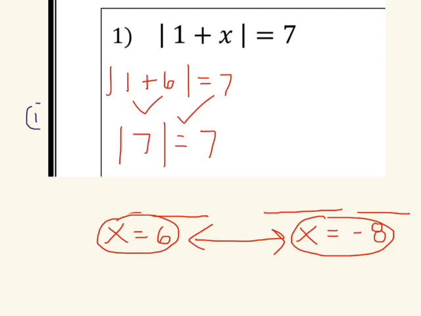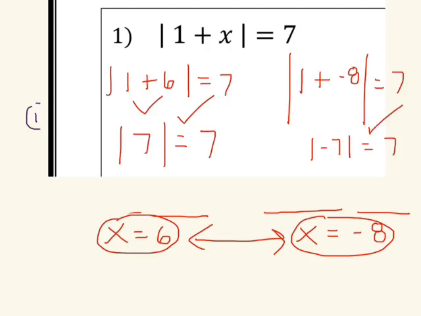Let's use this other answer, the negative 8: the absolute value of 1 plus negative 8 is equal to 7, and 1 plus negative 8 is negative 7, and the absolute value of negative 7 equals 7, and that checks out as well. Hopefully that makes sense, and I'll go ahead and do one more example with you guys.